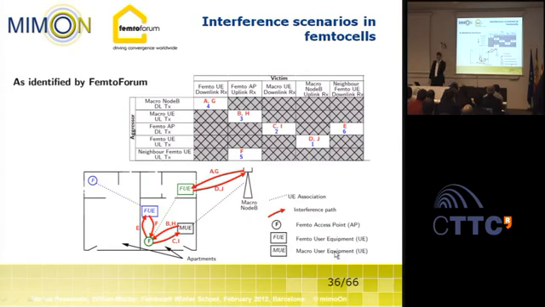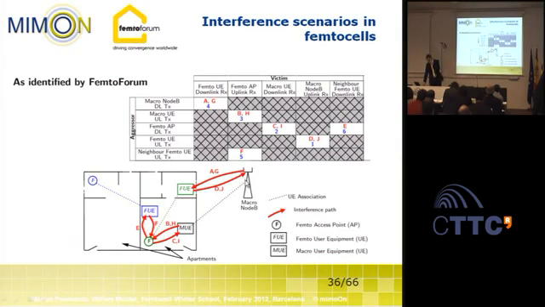So, for example, we have the interference. Let's say we have a femtocell user that is transmitting to its base station in the uplink. Then, of course, it's also at the same time creating interference to the base station of the macrocell.